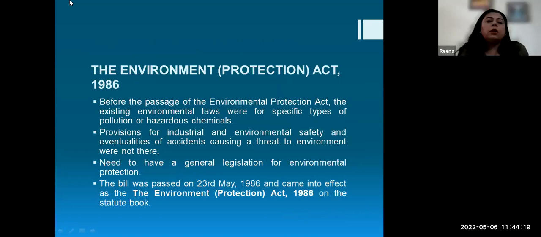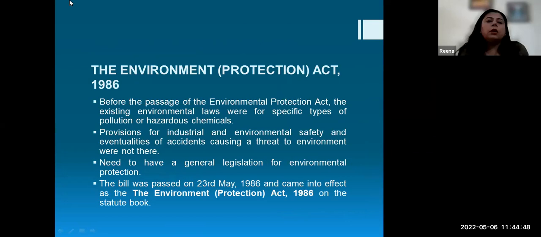Then the Environment Protection Act came in 1986. This was after the Bulgaria strategy, and it was basically called the Umbrella Act because any gap or any environment related issue which was left out can be covered under the Environment Protection Act. It also ensured provisions for industrial and environment safety, specifically after the Bhopal gas tragedy.